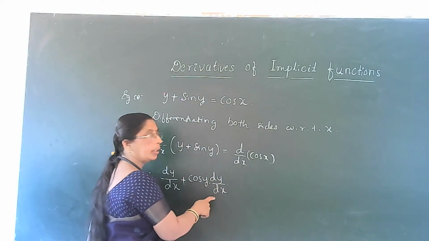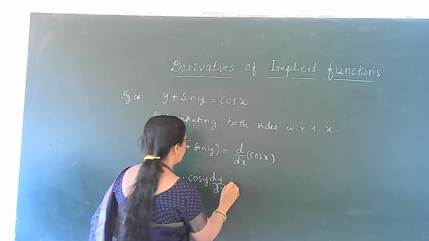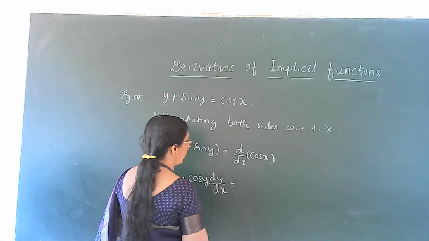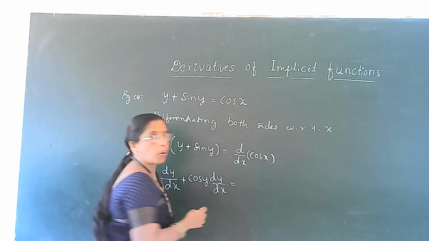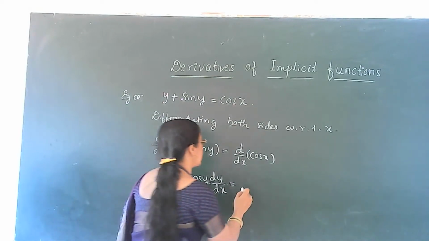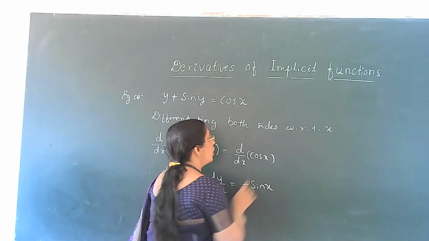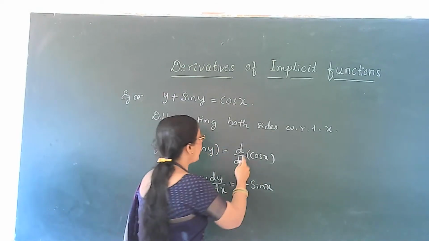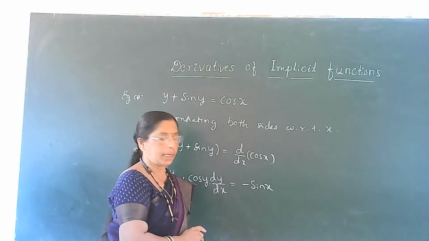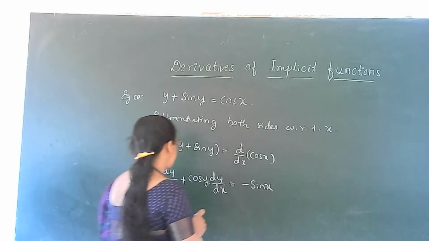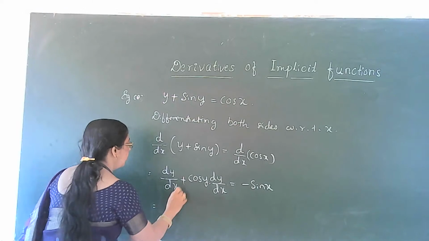Then this is equal to d by dx of cos x. The derivative of cos x is minus sin x, as x is the variable and we find the derivative with respect to x.